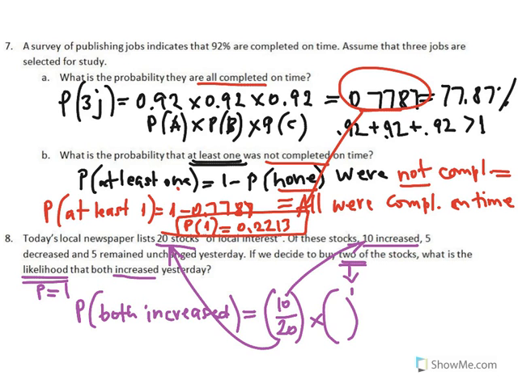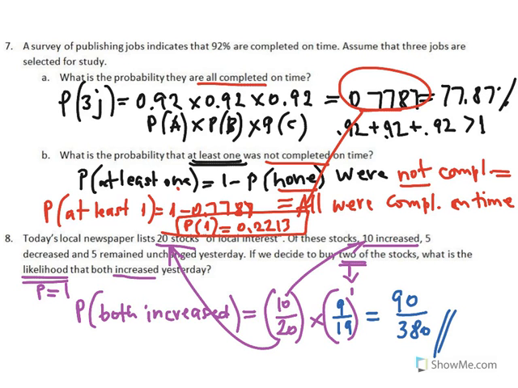Now, when we buy 1 stock from the increased, we have 1 less increased and 1 less stock in all, right? So now the total possible outcomes, the sample space, decreased by 1, therefore we have 19 here, and then we have 9 here. So that would be 90 over 380. And then you can change that and make it a decimal, or simplify the fraction, or give it to me in percentage form.